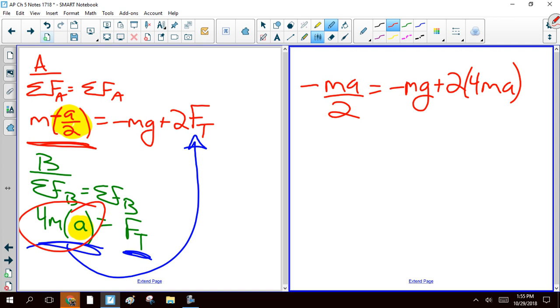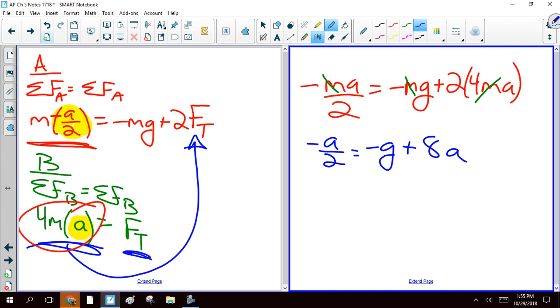And solve it. So let's see. First of all, the m's cancel out, right? And so I'm looking at negative a over 2 equals negative g plus 8a.